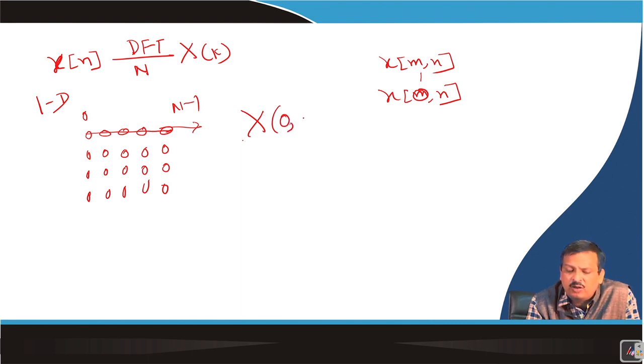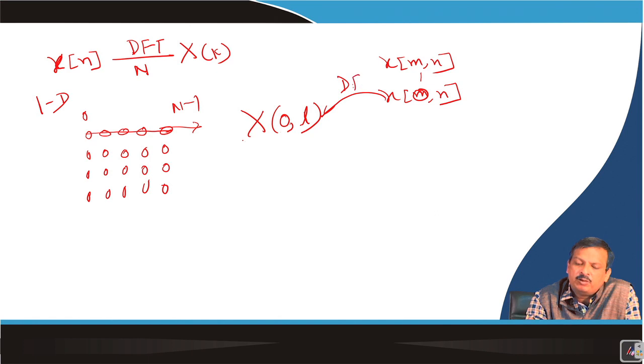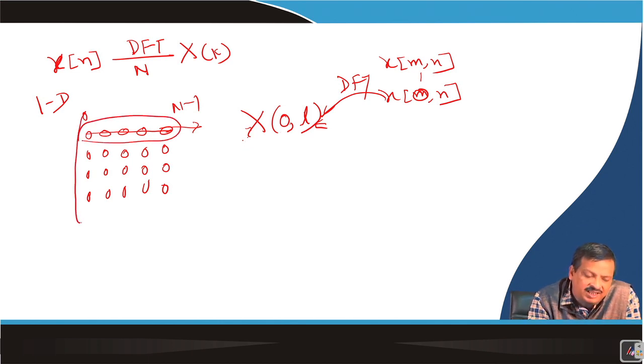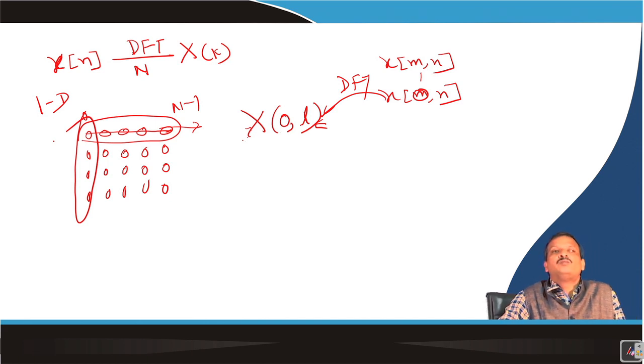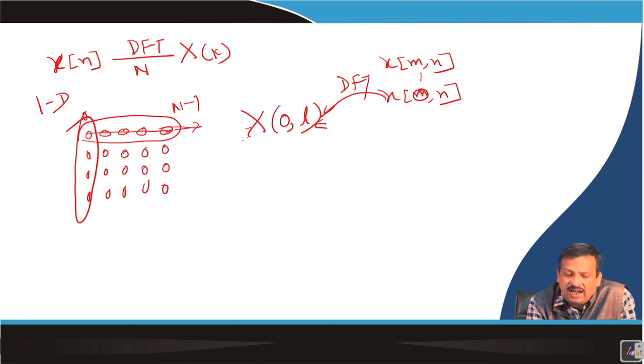Let us say m equal to 0, I get x of L. So I transform this with the discrete Fourier transform and I get this x of L. Now what is this signal? This signal is frequency transformed in this direction, but in this direction it is not frequency transformed. So first, row wise, I do the frequency transform. I write down the m here, and for every m I get x of m, L.